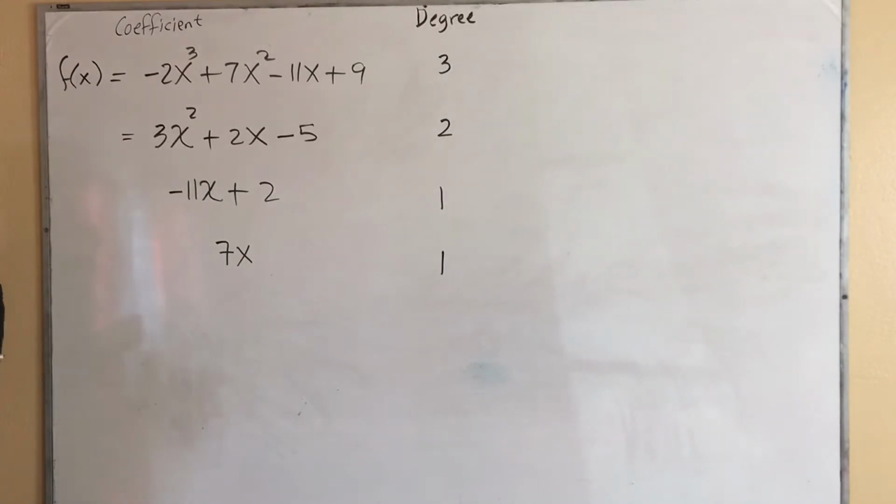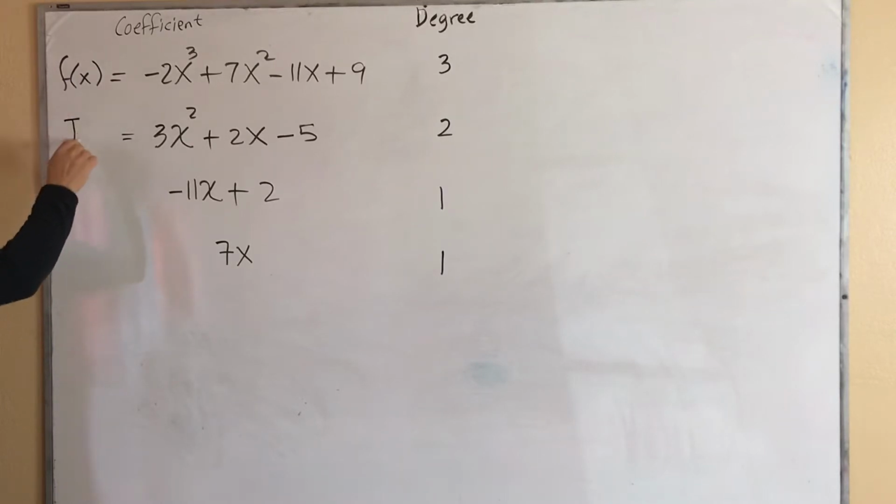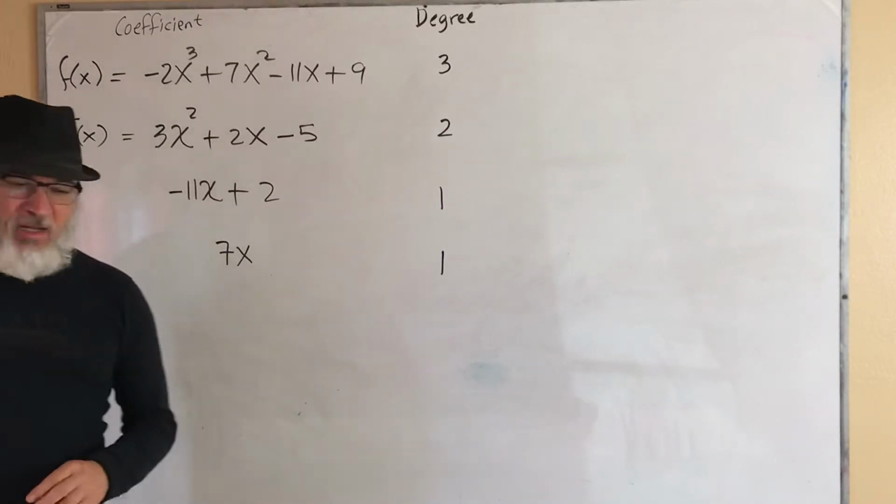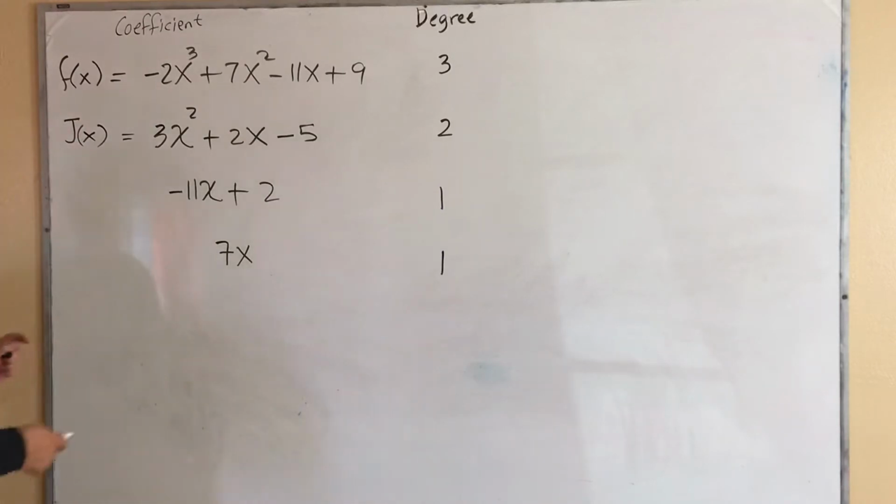What should I call this one? Can I call this one Jack? J of x. J for Jack. This one I'm going to call by a female name. What should I call this? Should I call it Norma?